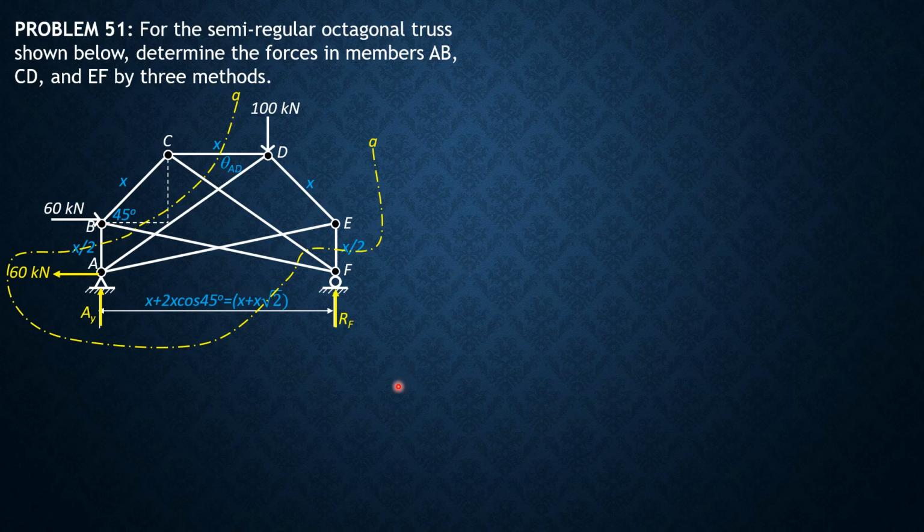We cut members AB, CD, and EF, the required members, and two more members are cut twice, namely CF and BF. If a member is cut twice, don't mind, because it is still in equilibrium.